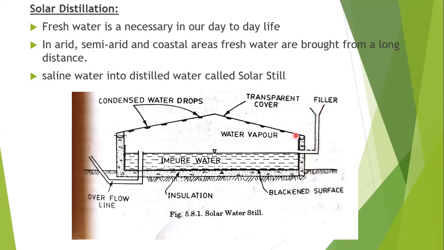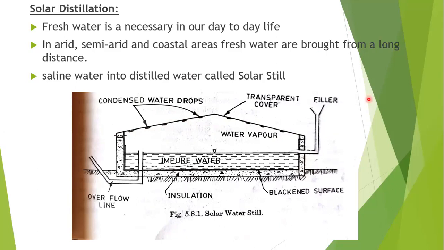This is a transparent cover on the solar still. The solar radiation falls onto the impure water, the impure water changes into vapors, and these water vapors are collected to make pure water. The cost is very low.